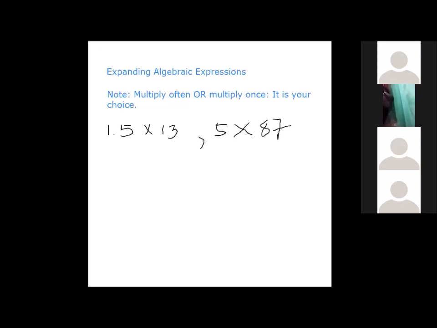We are starting with the basics of this lesson, all constants, not with a variable yet. So you will understand first the reason and the basic part before you proceed later with the expressions with variables. So here we have 5 times 13 and 5 times 87. And then we are going to add the two answers. So maybe I can assign Ella 5 times 13. And then Han, can you please do 5 times 87?